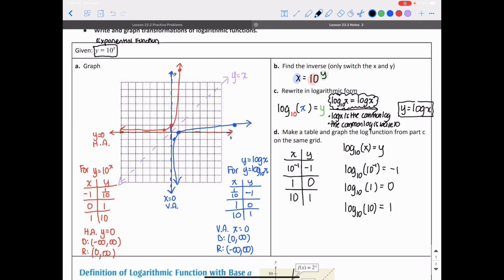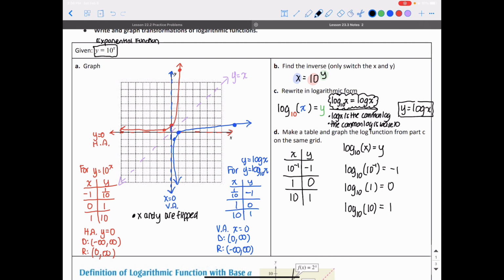I want to write down a few things that I noticed between these two graphs and their tables and all the information that goes along with them. One thing I noticed is x and y are flipped. That's true about all the points that I look at that are graphed, all the points in my table.